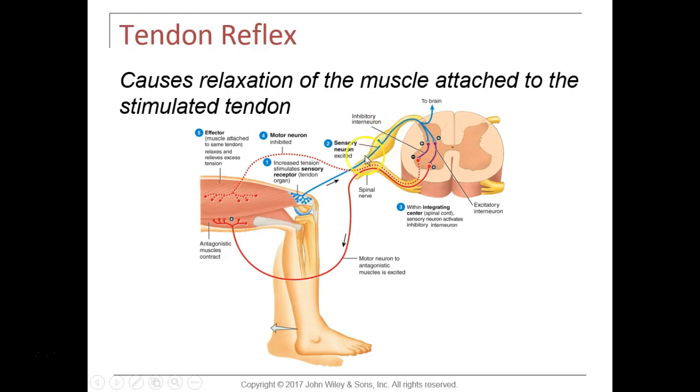So we have that sensory information coming in saying, hey, there's too much tension being placed on the quadriceps tendon, and we have to inhibit the quadriceps from contracting, but we want to initiate or stimulate the contraction of the antagonistic muscle group. So in this case, the sensory neuron has an excitatory neurotransmitter released.